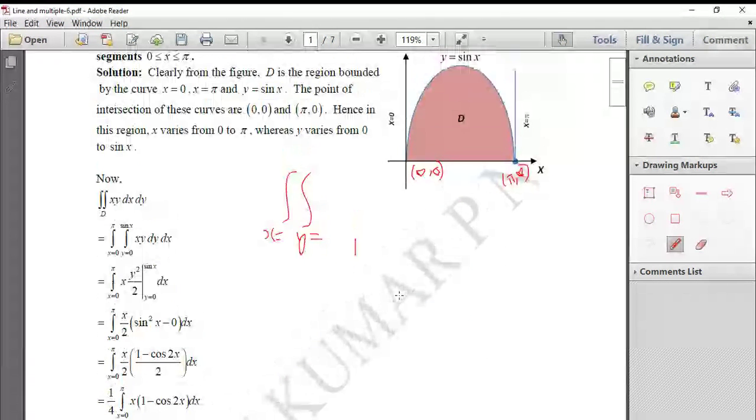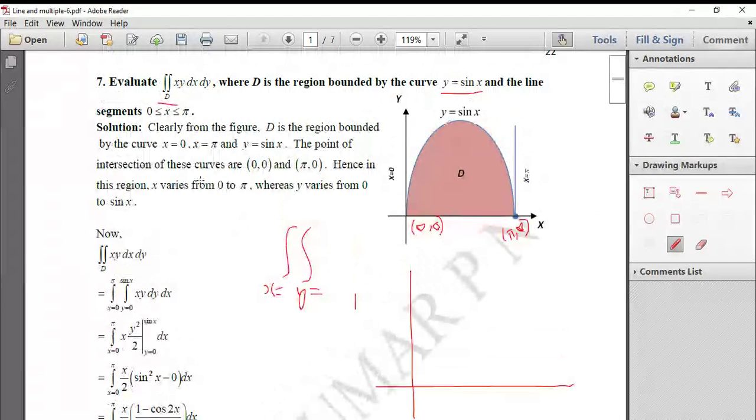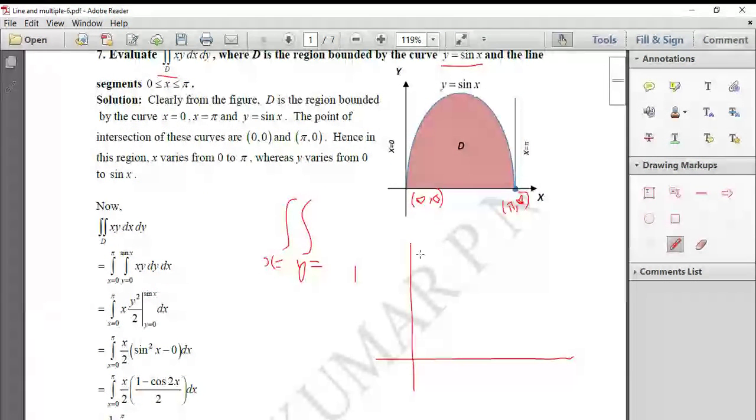Now see, let us reconstruct this, right? This is our x-axis and y-axis, and this is our line x equal to 0. They are saying that x should be greater than or equal to 0. You know that any point on the xy plane is an ordered pair x comma y.